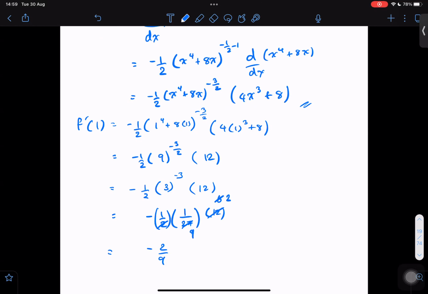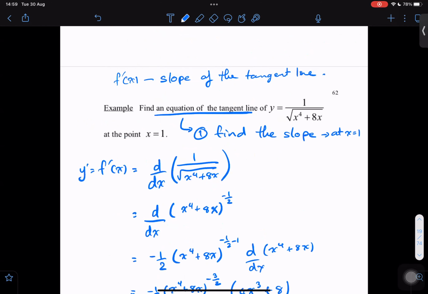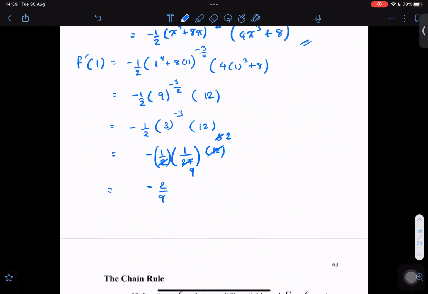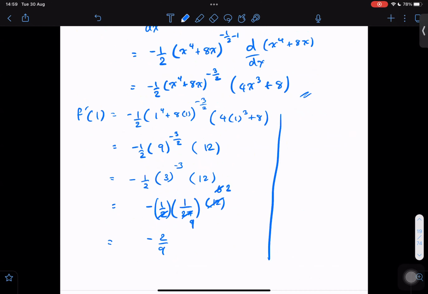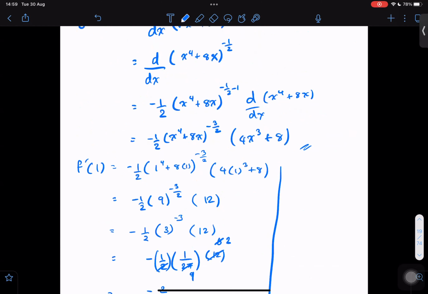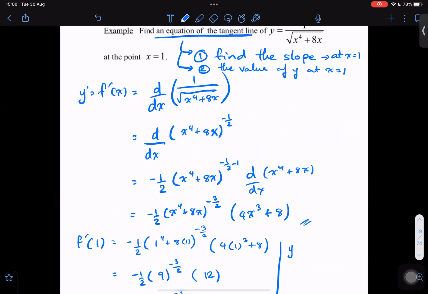Okay, so now you get the slope at x equal to 1. The second thing you want to find is the value of y at x equal to 1. So what is y? y is f of x equal to 1 over square root of x to the 4th plus 8x.